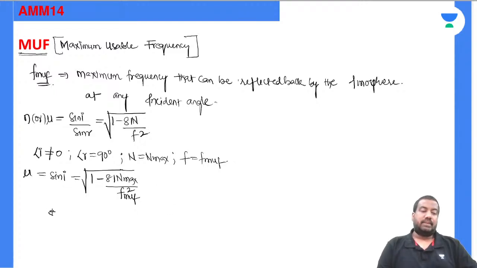This implies sin square i is equal to 1 minus 81 n max by FMUF square.